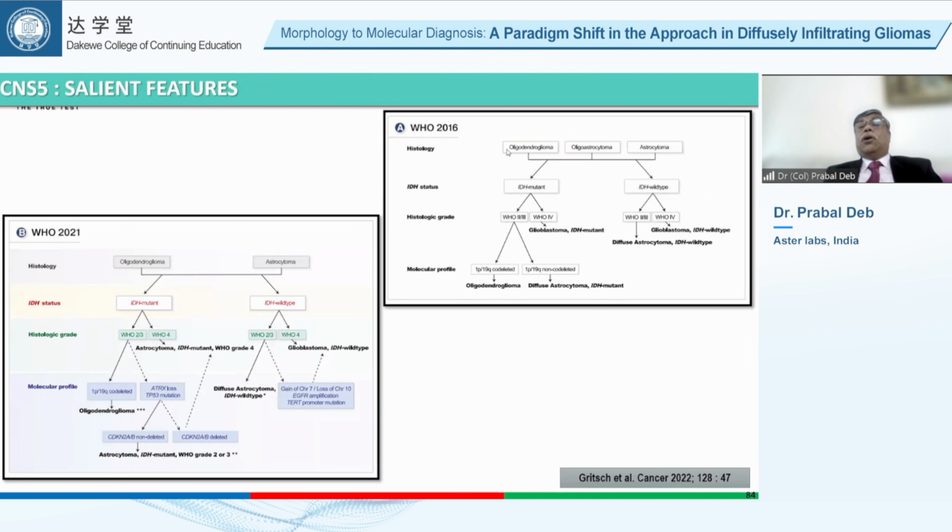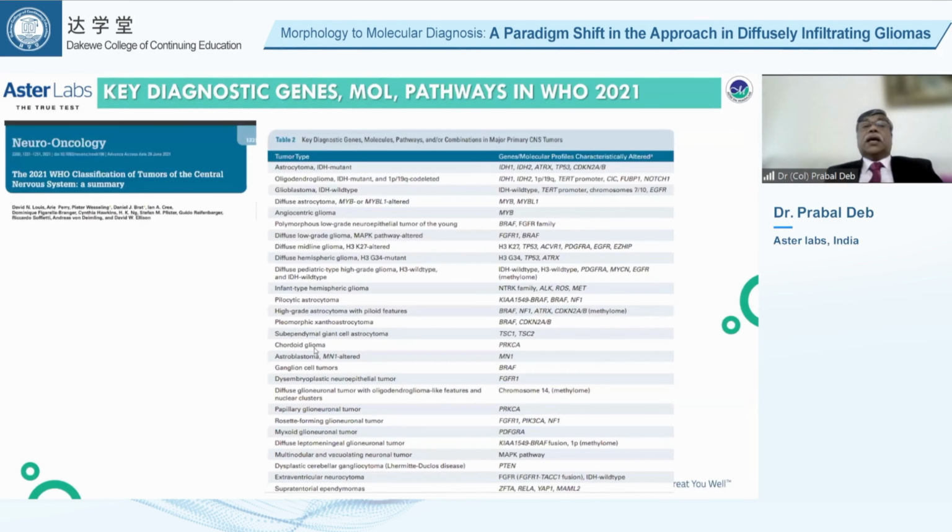That is how WHO 2016 looked, quite simplified, but WHO 2021 essentially needs IDH, subsequently 1p19q, ATRX, and evaluation of all the markers for GBM and also CDKN2A, because without that, optimal workup cannot be done.